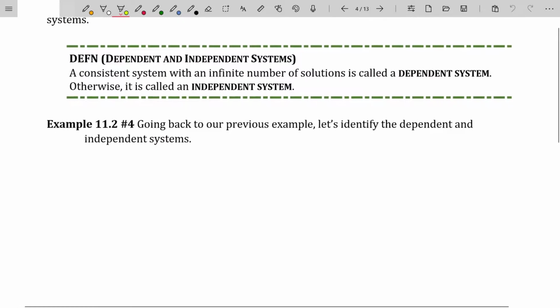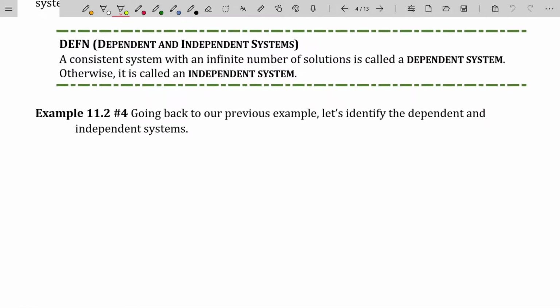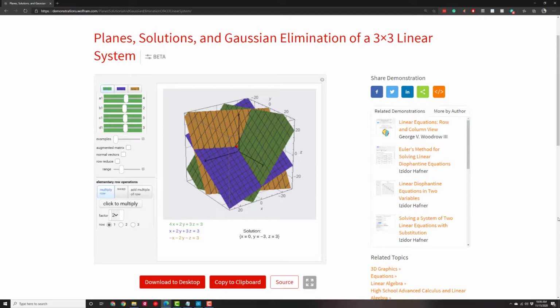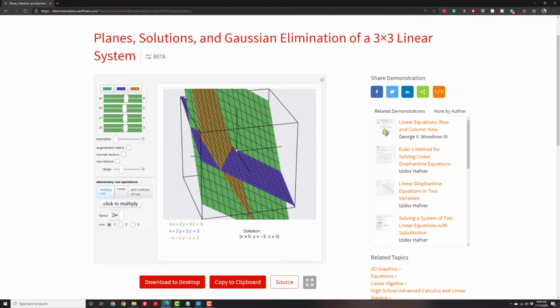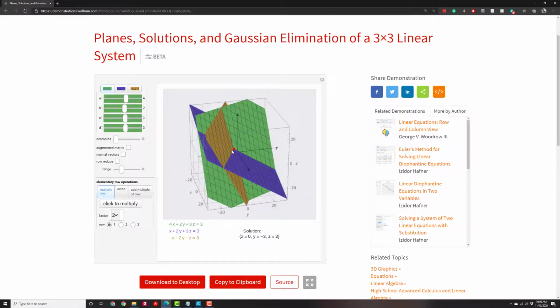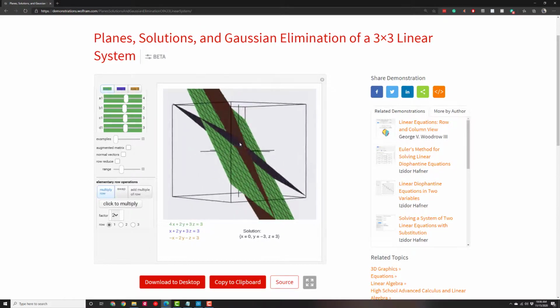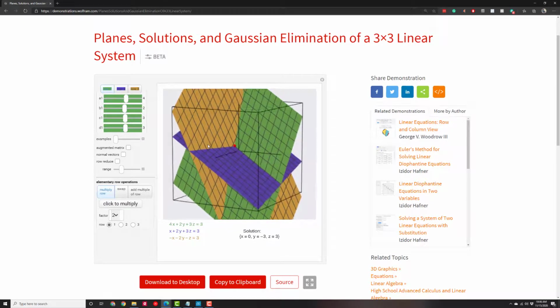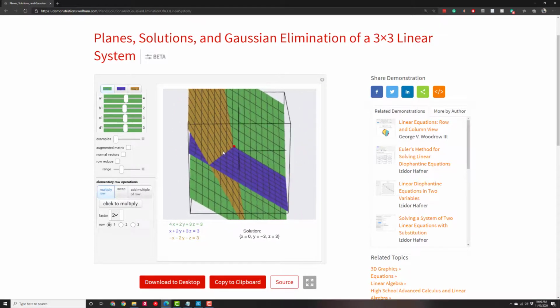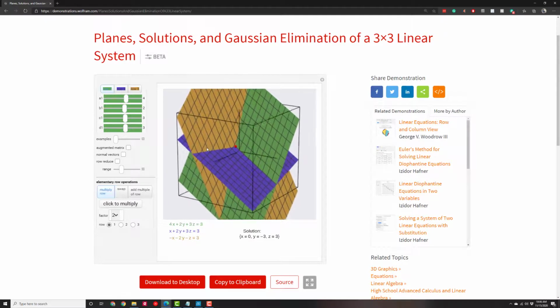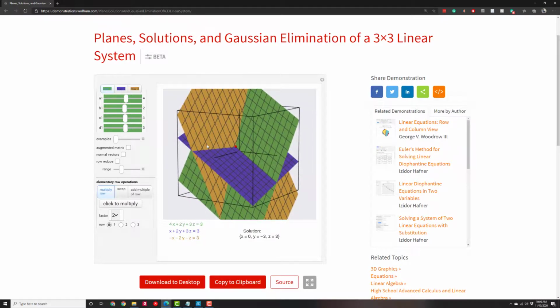So if we go back to that applet on Wolfram demonstrations, we could see which ones are considered dependent and which ones are considered independent. For an example, this picture right here, you could easily see there's only one solution, a finite number of solutions. Therefore, this is not only consistent, but we'd call this a consistent independent system, or a consistent system with independent equations.